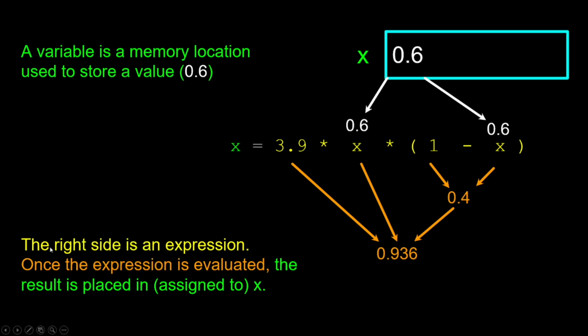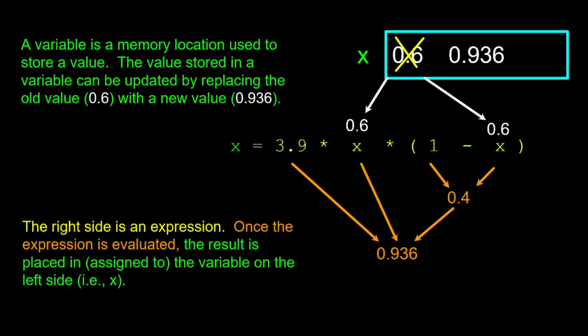So here we see that the right side is an expression. Once the expression is evaluated, the result is placed and assigned to x, as I mentioned earlier. A variable is a memory location used to store a value. The value stored in a variable can be updated by replacing the old value with a new value.